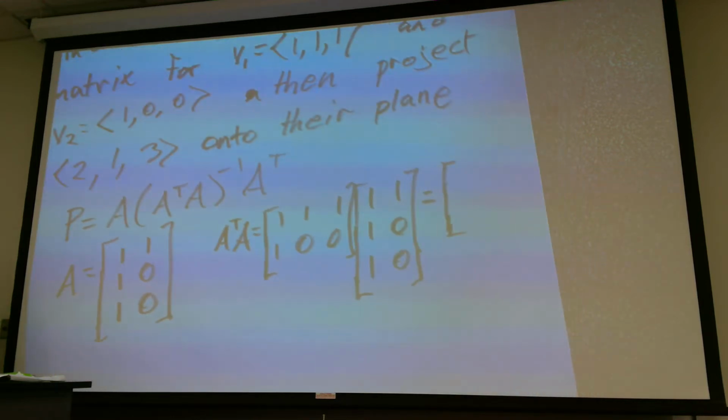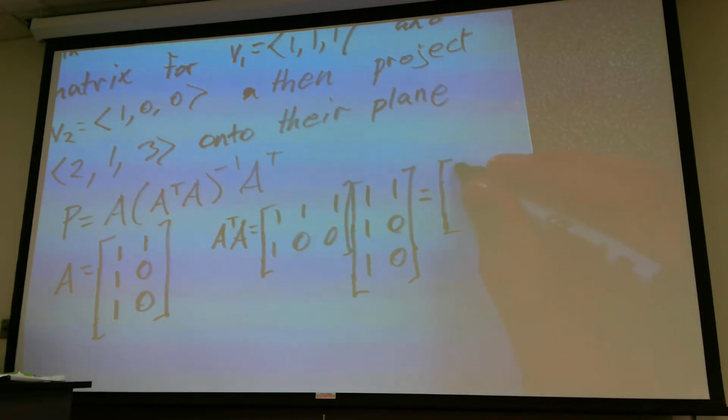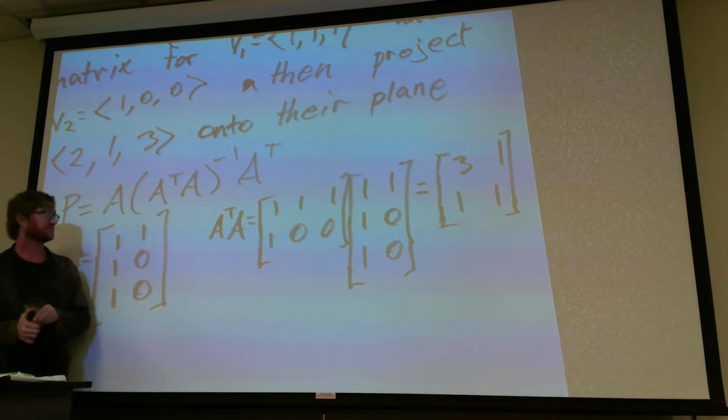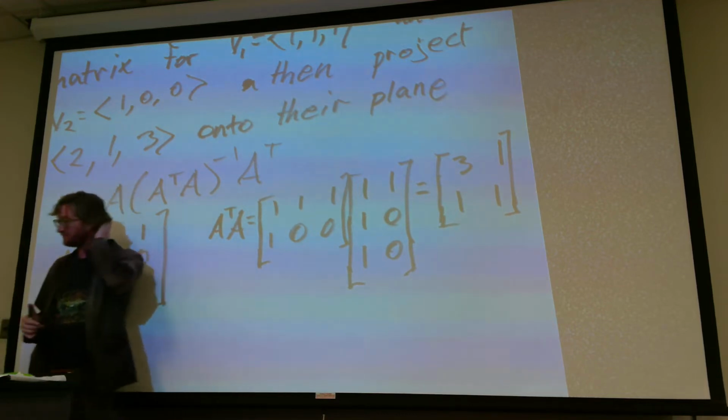Okay, so 1, 1, 1 acting upon 1, 1, 1, well, that's 1 plus 1 plus 1, just 3. That's a 1. That would also be 1, that would be a 1. Okay, so the first step is to just find A transpose A. Great. Now we need to find the inverse.